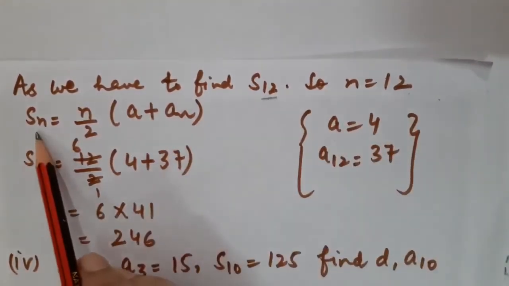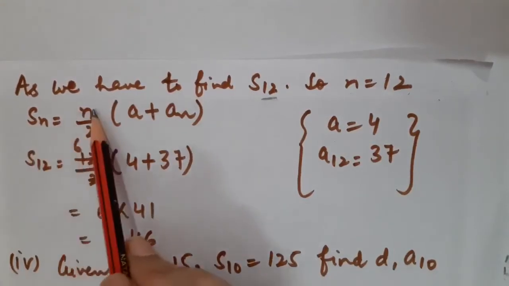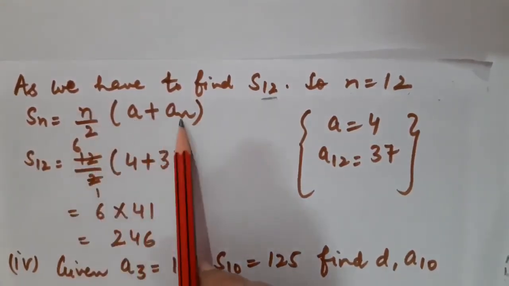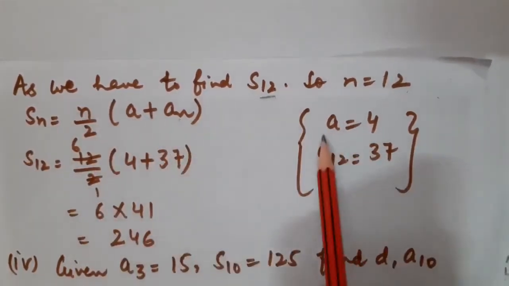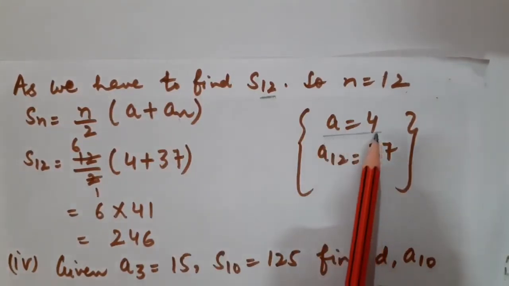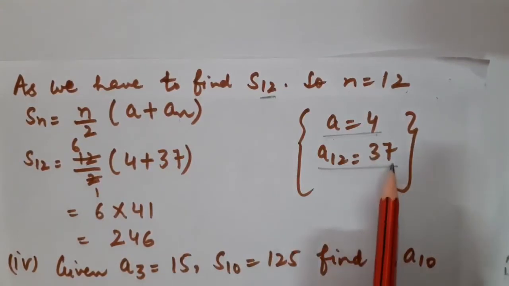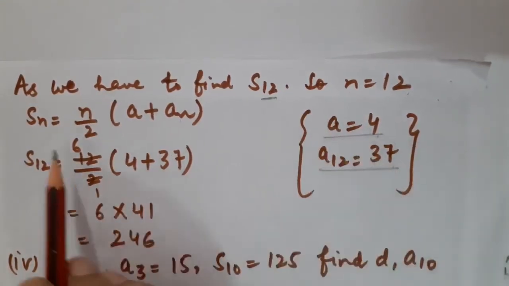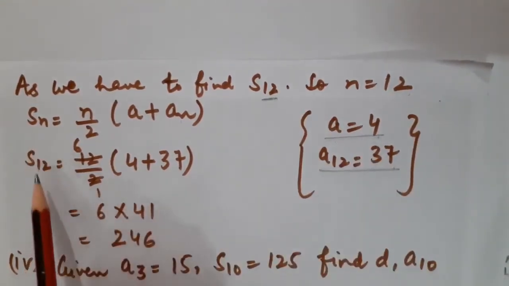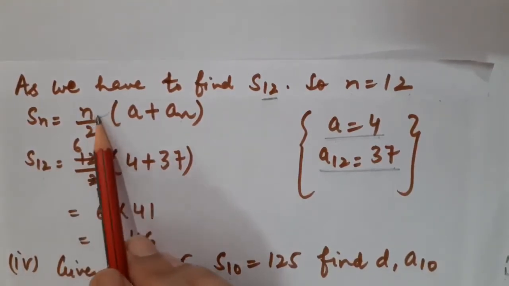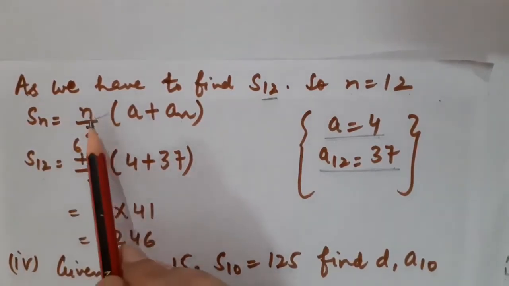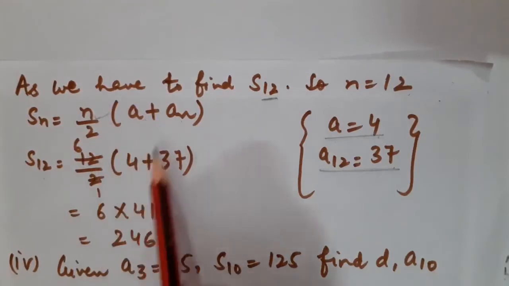So which formula am I going to apply? Sn is equal to n by 2 into a plus an. Why am I applying this formula? Because I know A, which is given as 4, and I know the 12th term of the AP, that is A12 is equal to 37. And here I am going to calculate S12. So wherever I have n, I am going to insert 12. It would become 12 upon 2, A plus A12.